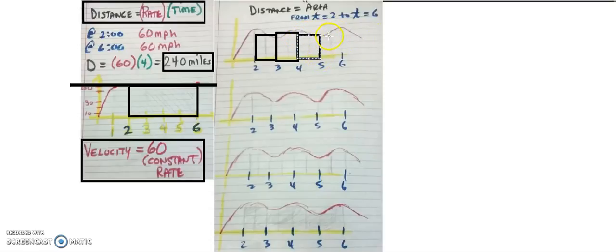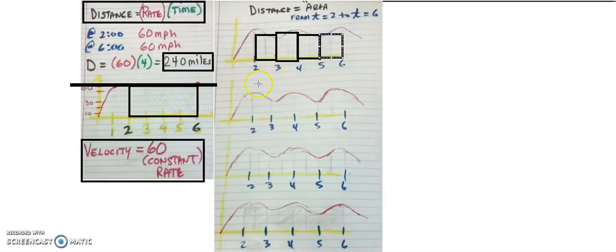And finally, if we use the height value, the y at 5.5, we could get another rectangle. And by adding these rectangles together, we get a reasonable approximation to that area, like we used area over here. If I add up the 4 rectangles, I'm going to get an approximation for the total distance traveled with a variable velocity.